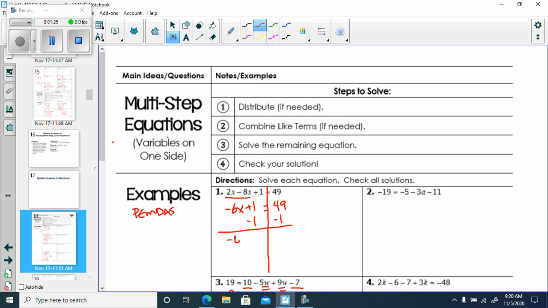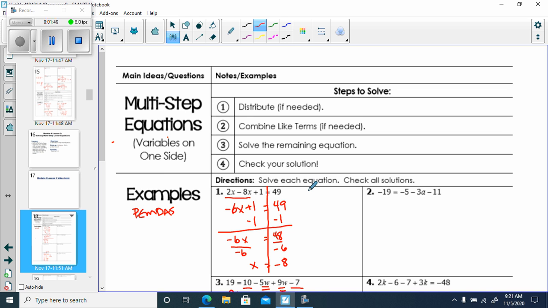This gives me negative 6x is equal to 48. Now, to get to the x itself, this is negative 6 is multiplied by the x. The opposite of multiplying is to divide. If I divide here, I get 1x or x. 48 divided by negative 6 is negative 8.